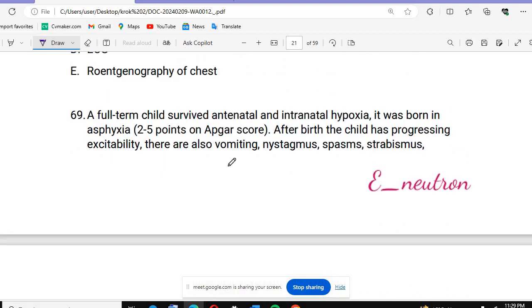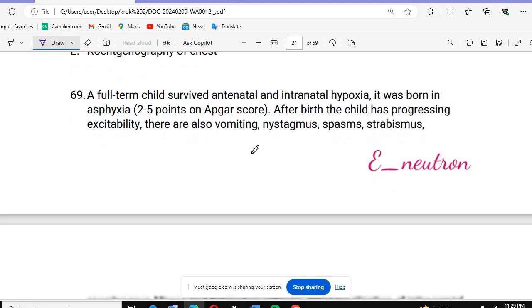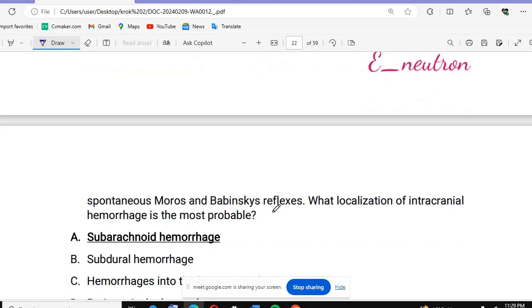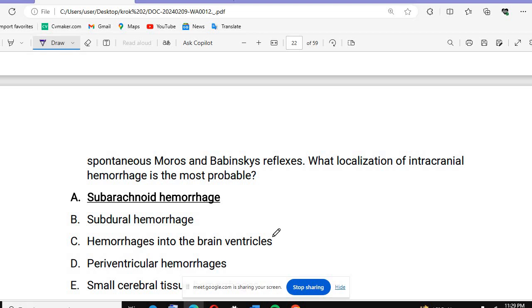This is a full-term child with antenatal and intranatal hypoxia, born in asphyxia, with progressing excitability after birth. In this condition there is some birth trauma, and Moro and Babinski reflexes are present. This type of reflex we see in subarachnoid hemorrhage.